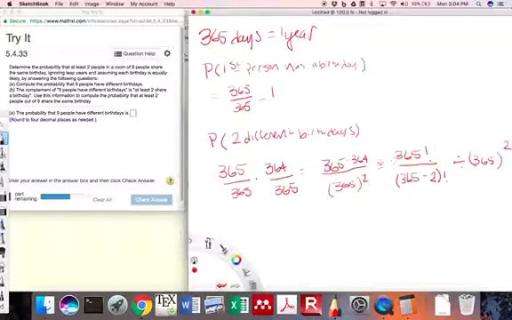Well, it ends up being much easier to solve this problem if you're able to see the factorial pattern. And notice that you get 365 factorial over 363 factorial divided by 365 all squared. And that leaves you with 365 times 364 divided by 365 squared. So you don't have to look at it that way, but I think it makes things a little easier.